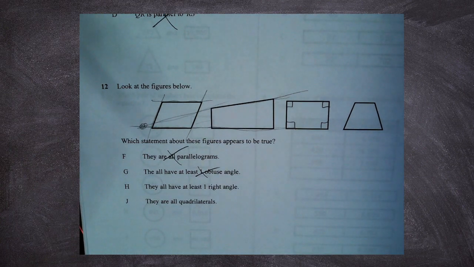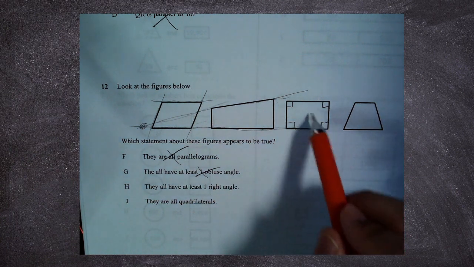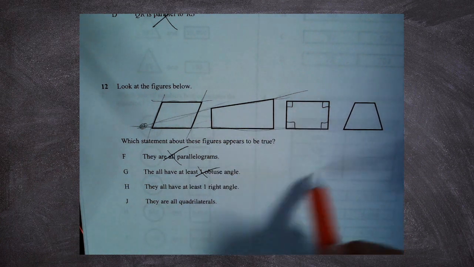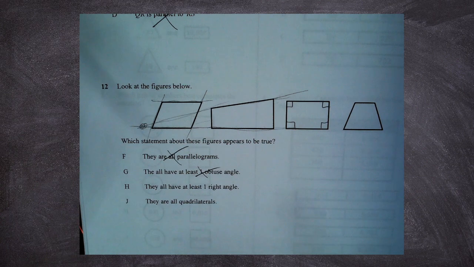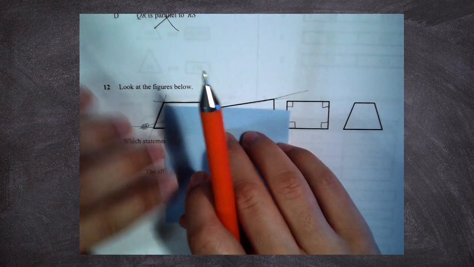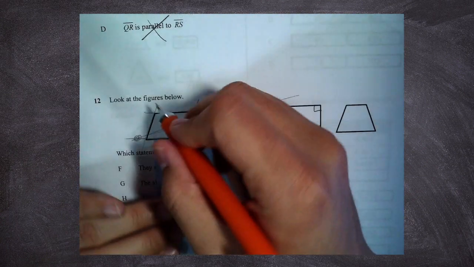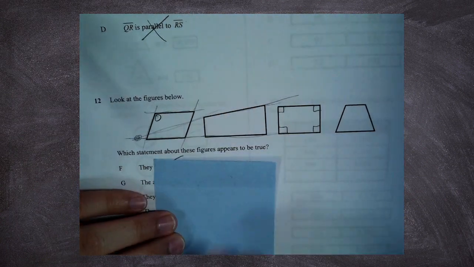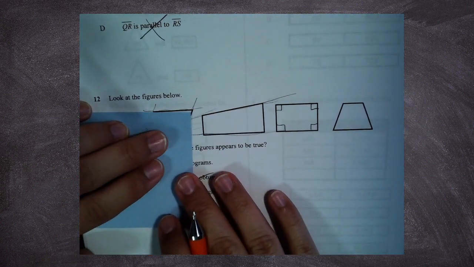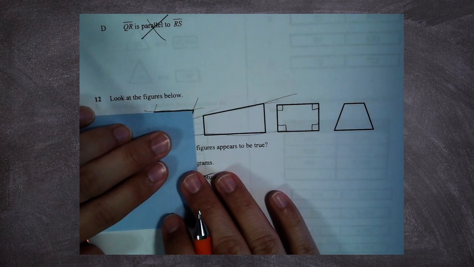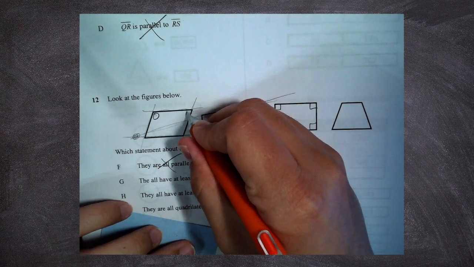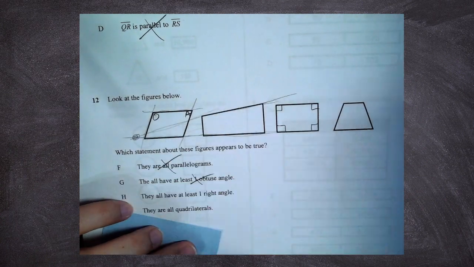H, they all have at least one right angle. Okay, that one I could check because I know for a fact this has all right angles. See, I'm going to check the first shape. Well, that angle's too big. That means it's obtuse. This angle is too small. Means it's acute.